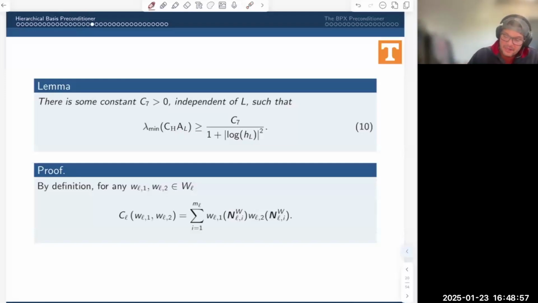Remember, we're using finite element, so we have this PDE, and we're using FEM, and we're discretizing, and then ultimately, we are converting this into a matrix problem. Remember, we said there are good things about this matrix problem and bad things. Good thing is AL is a matrix which has a lot of zeros in it. We call that a sparse matrix. But the bad thing is it has a large condition number.